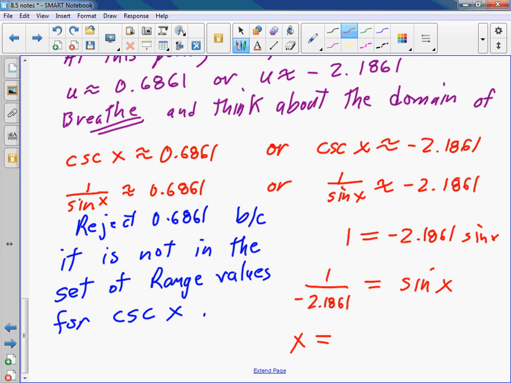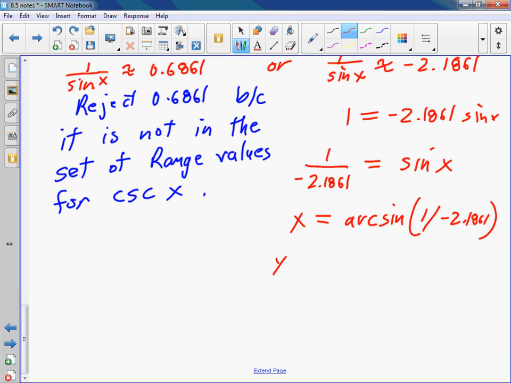Tyler, do it. Arc sine. What's 1 divided by -2.1? Actually, you can do that. You can just put that in your calculator, and what do you get? -20.